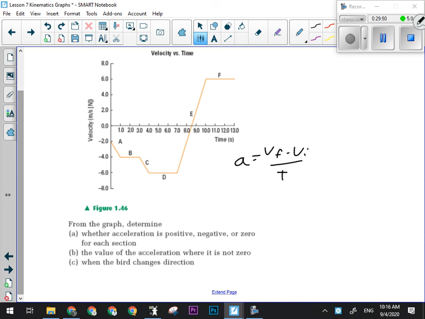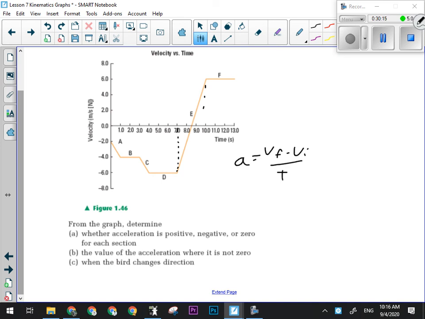For this part here, we plug into that formula, positive 6 minus negative 6, so that's 12, over 3 seconds, so that'll be 4 meters per second squared north.